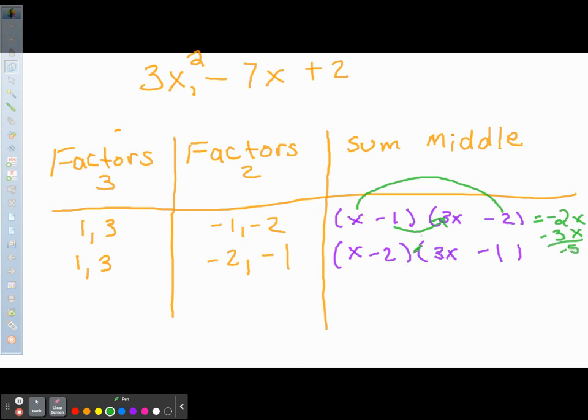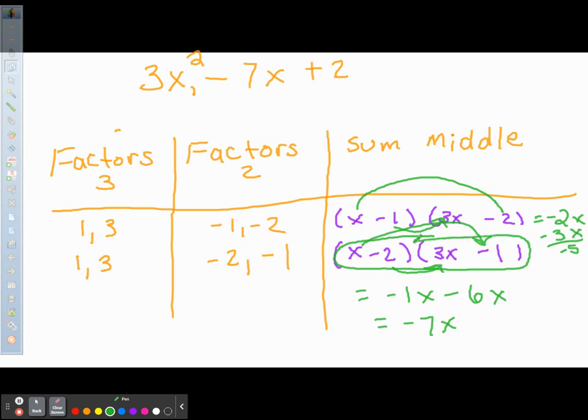Now, since this is the only other possibility, this one's going to have to work, but we're just going to do it just to make sure. Do x times -1. So what's x times -1? -x, -1x, and -2 times 3x. And what's -1 plus -6? Which is what we want. So this one here would be our answer. X minus 2 times 3x minus 1.